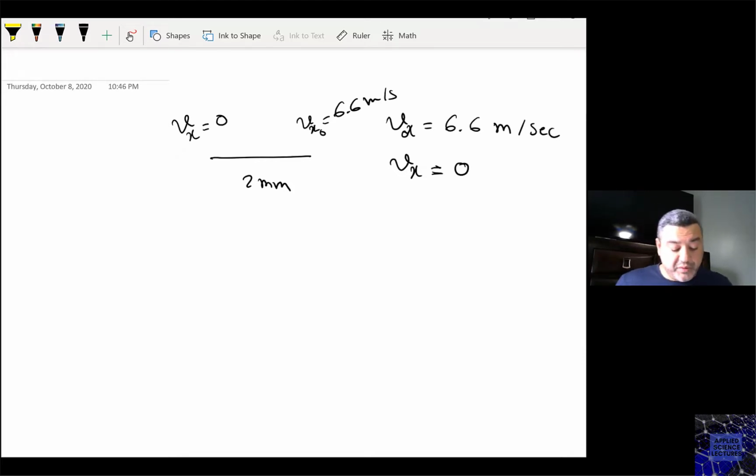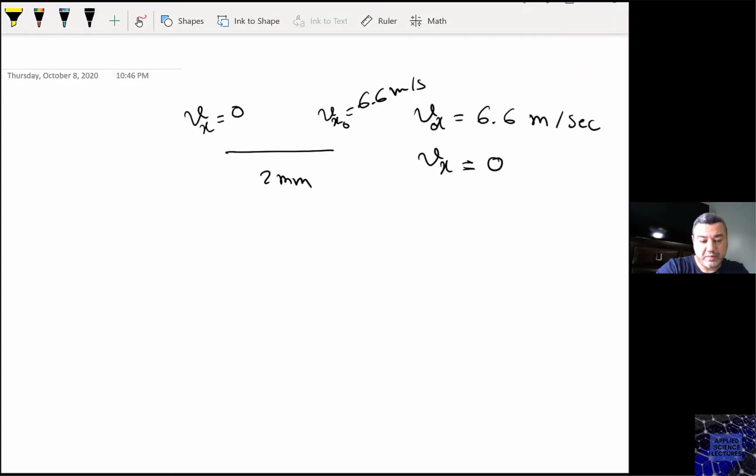Determine the magnitude of the acceleration. So 2 millimeter. Now we have the distance. Now we have the initial and the final speed, and we have the distance.